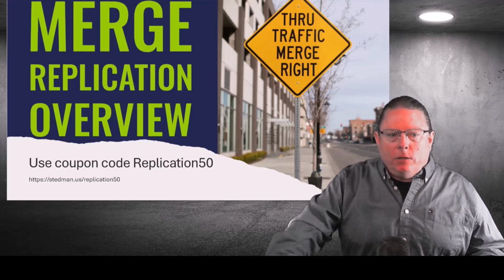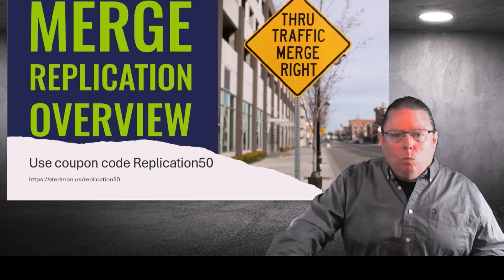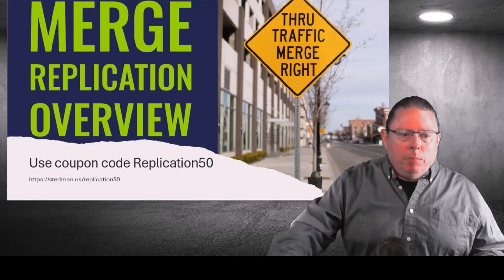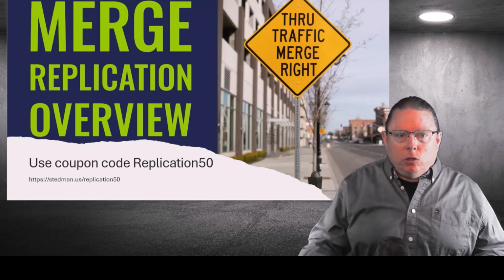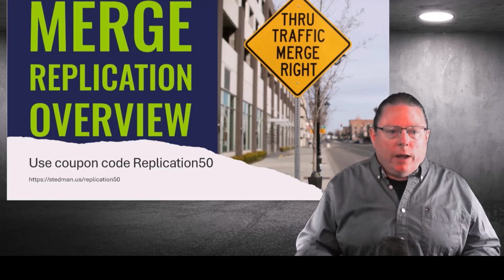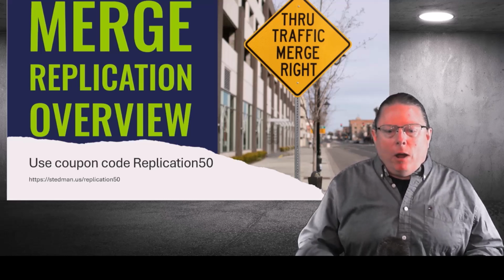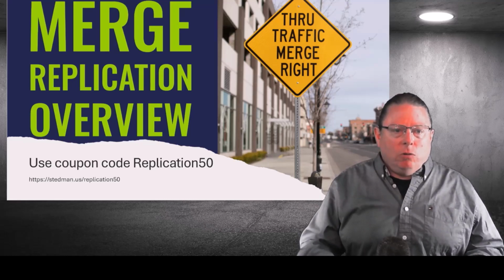Merge replication is a way that the data can be changed in many different locations and then synchronized all back to some central location and sorted out as it gets merged back. Now, that process of bringing it back to that central location can cause conflicts.